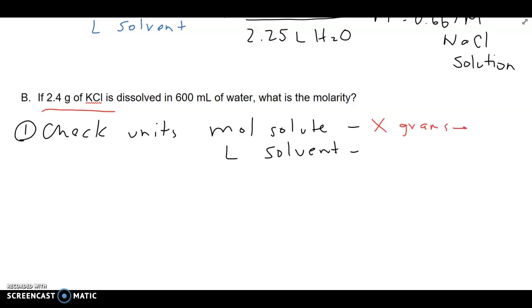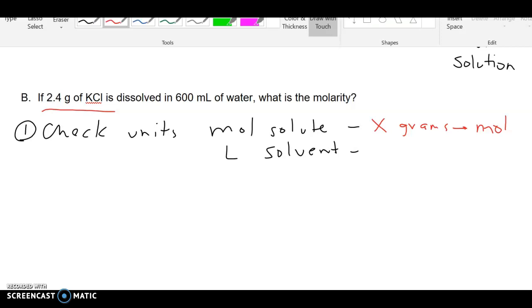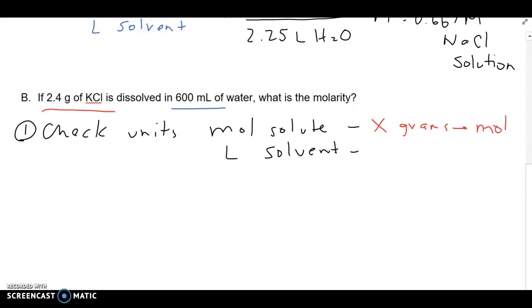So we're going to have to change that to moles. We know how to do that. Not a problem. Our water is in milliliters. So we have to change that from milliliters to liters. Okay, we can handle this.